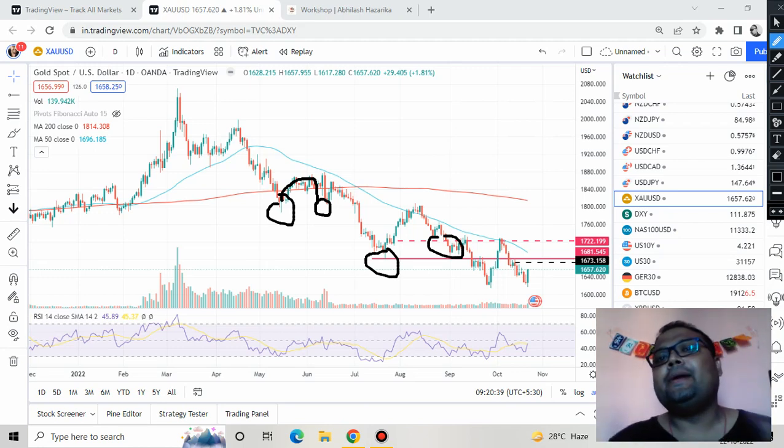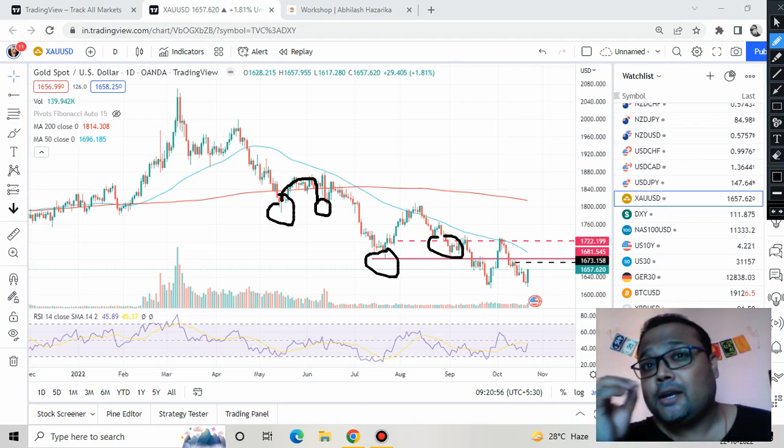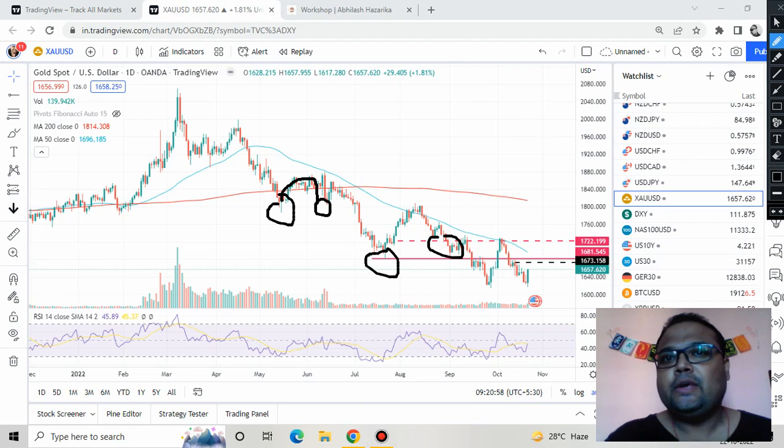Overall, yes, the global experts are still thinking that gold will be heading towards the 1600, 1580 level, but we as retail traders usually do not target 1000 pips, 2000 pips, 5000 pips. We are retail traders, and most of us prefer to open and close a position during the day only. We usually target how much? 50, 60, 70 pips, isn't it?